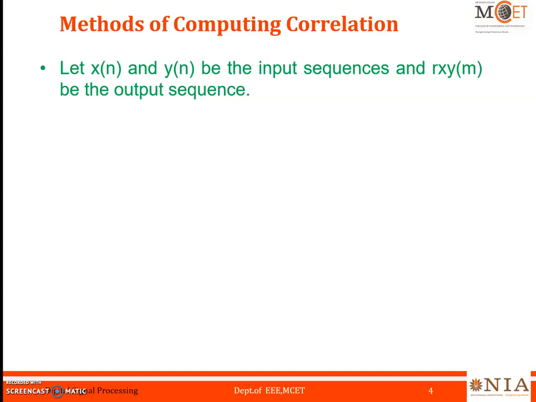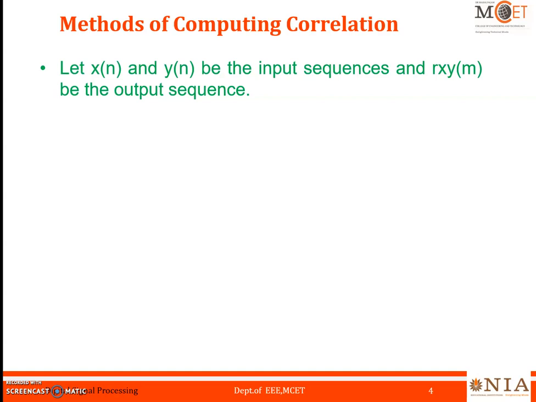Next, we are going to see the method of computing the correlation, that is, how to find the correlation between two sequences. It is the same for autocorrelation and cross correlation. These types of problems you will get mostly in the 2 marks or 4 marks questions, so just follow the matrix method and find the answer.